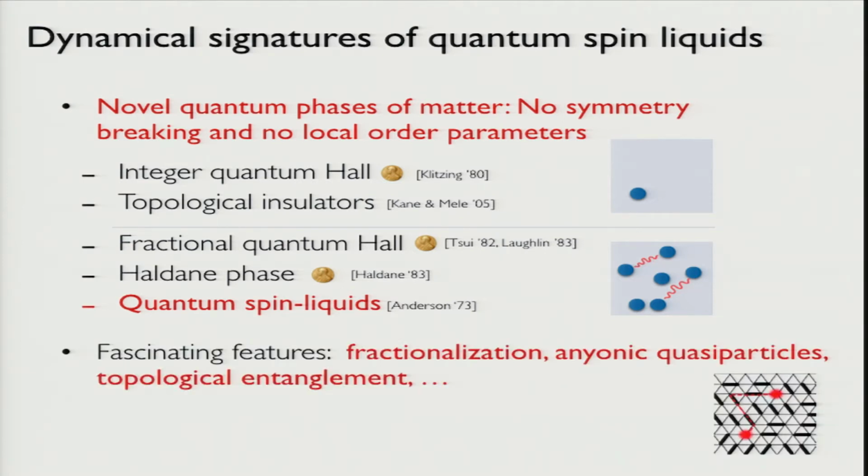A characterizing and fascinating feature that these phases exhibit is fractionalization. Like in the fractional quantum Hall effect, we can have particles that carry fractional quantum numbers. Moreover, these fractional excitations can have fractional, or anyonic, statistics, which means that the emergent particles might be neither bosons nor fermions, or we can even have emergent fermions in simple spin systems.